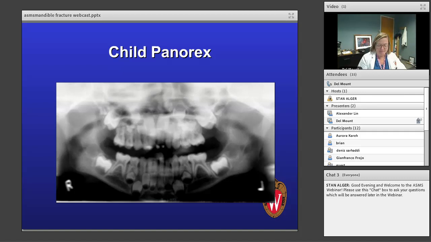I know that Dr. Lin is going to show some photos and some case studies of some difficult cases. And particularly with children and mandible fractures, they are hard. You've got to know that the kid's mandible is different. For example, when you look here, you can see the mandibular canines.